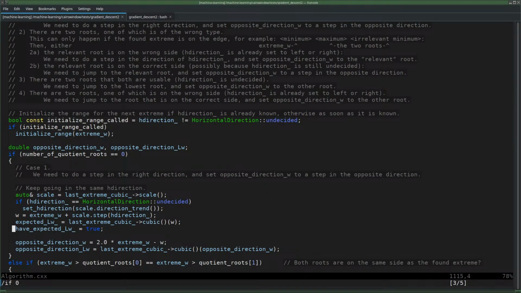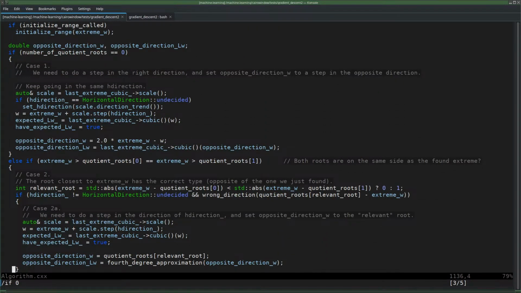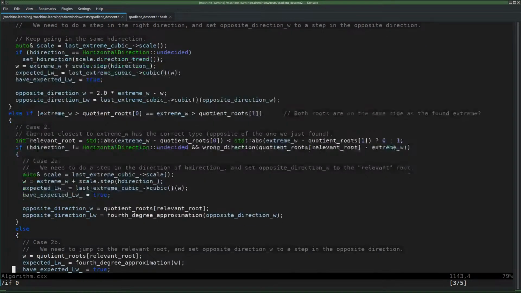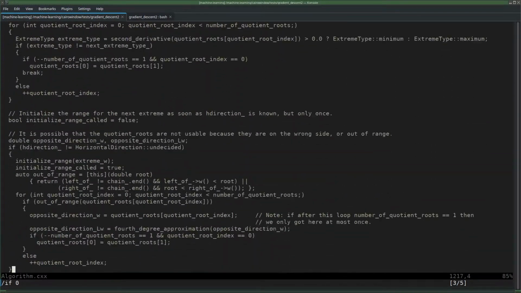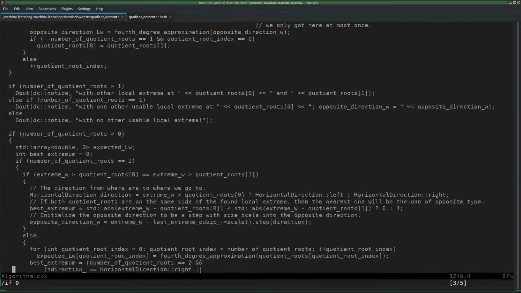It's case 1, we don't have anything. Yeah, sorry. I'm gonna start at case 1, which means we don't have anything, which means that I'll just copy it anyway.